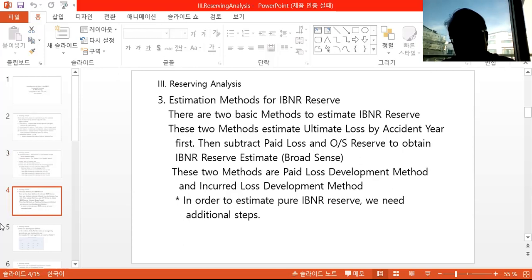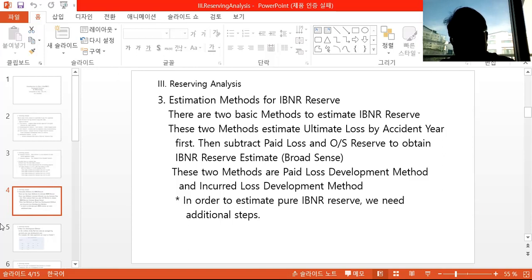Estimation methods for IBNR reserves. There are two basic methods we're going to discuss here to estimate IBNR reserve. First, estimate the ultimate loss by accident year. Then by subtracting the paid loss and outstanding reserve, we obtain the IBNR reserve estimate in the broad sense.